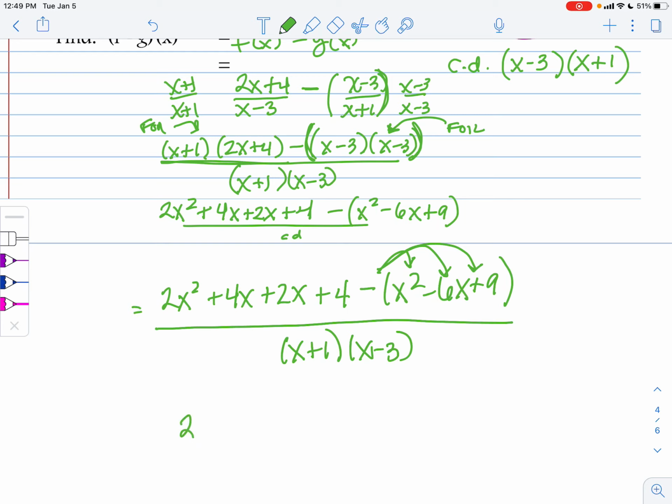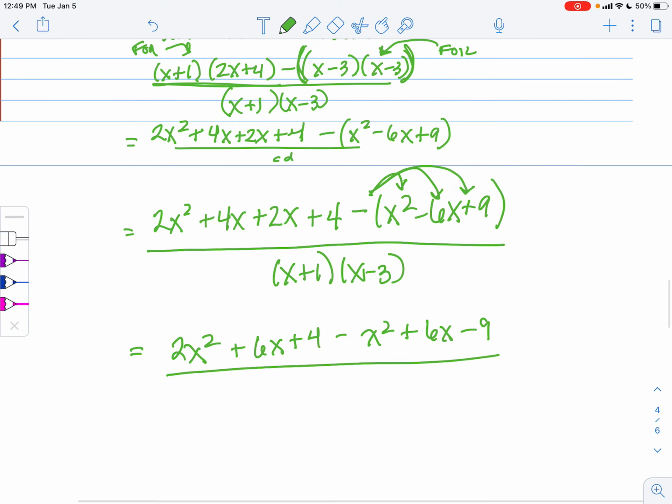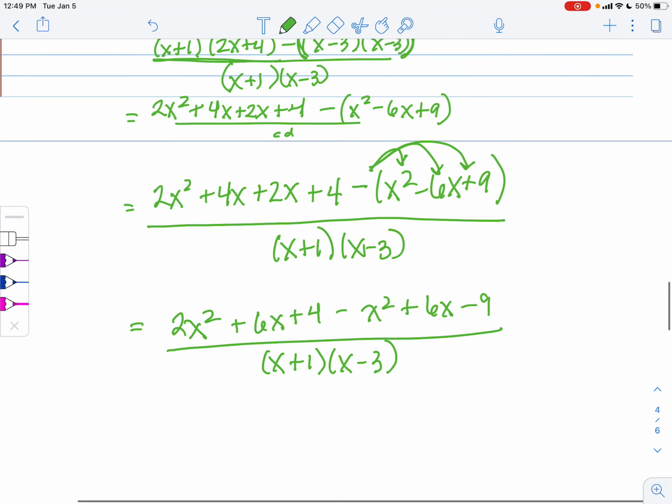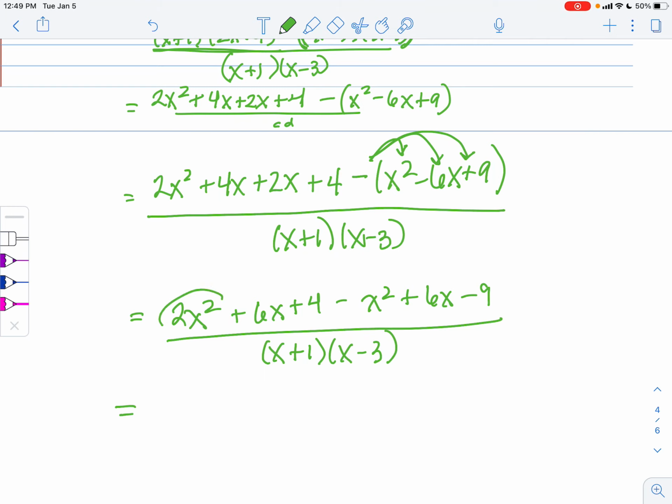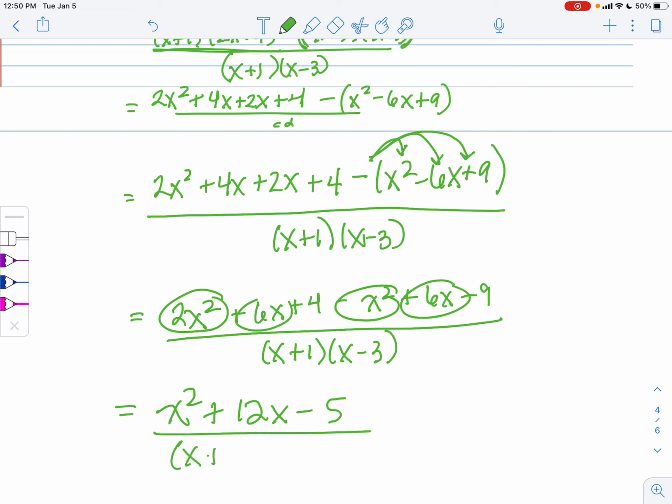So now I've got 2x squared plus, I'm going to combine like terms while I'm at it, 6x plus 4 minus x squared plus 6x minus 9 over the common denominator. Now I can combine like terms. So I've got x squared plus 12x minus 5 all over x plus 1, x minus 3.